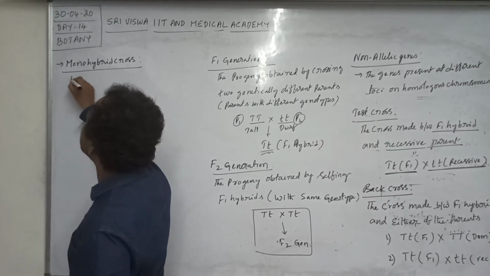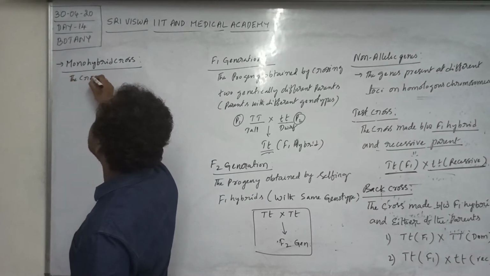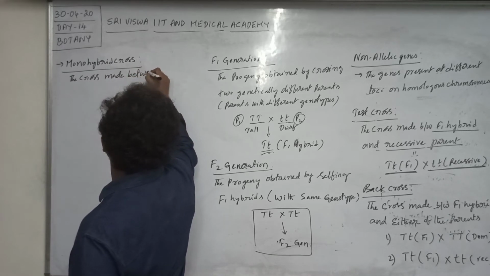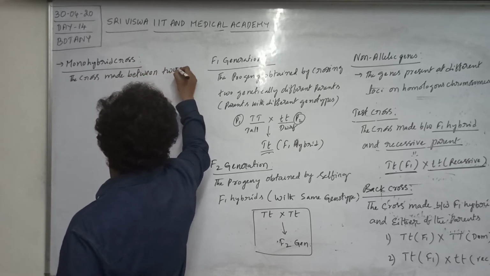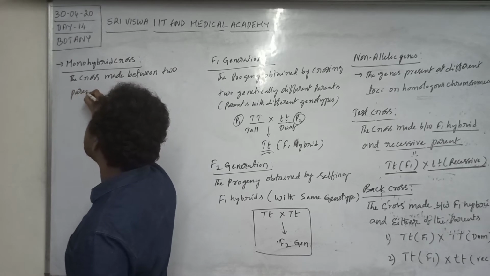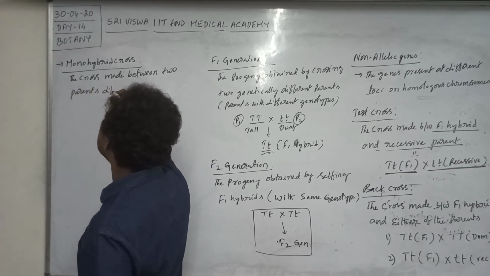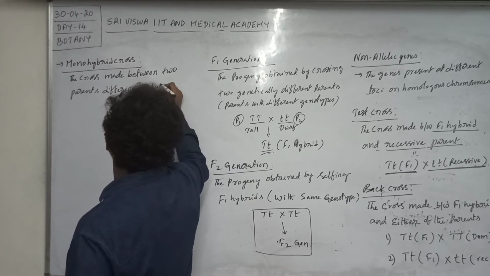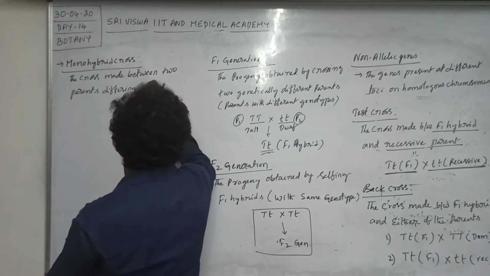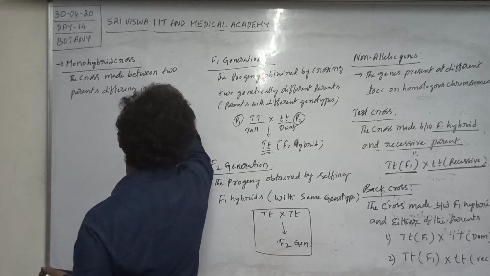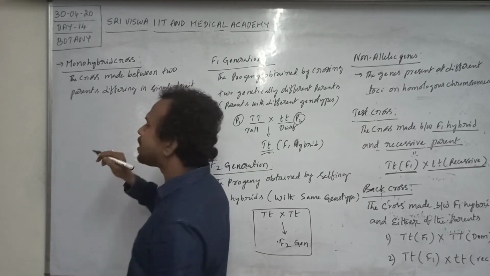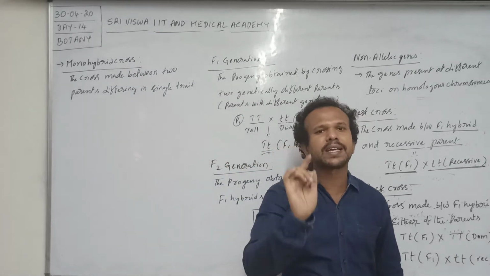Monohybrid cross is the cross made between two parents differing in single trait or differing in single character.